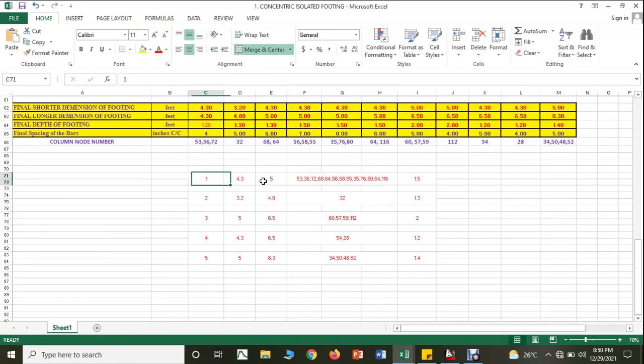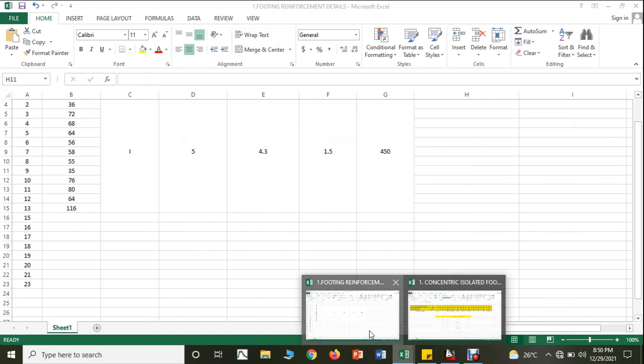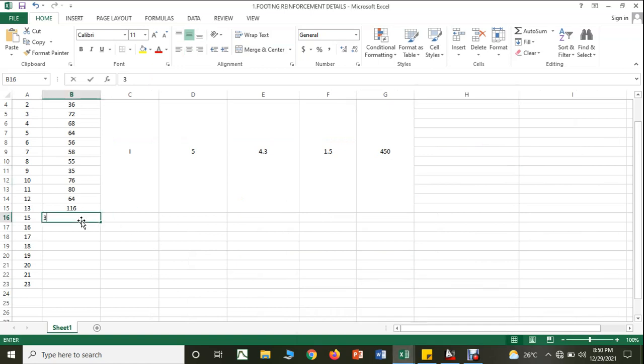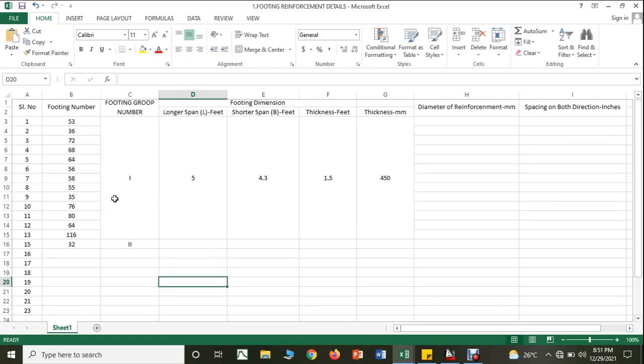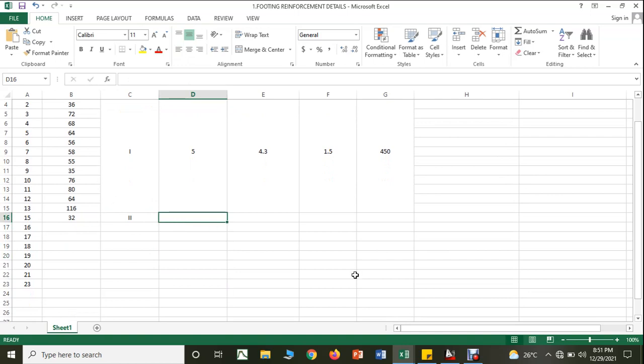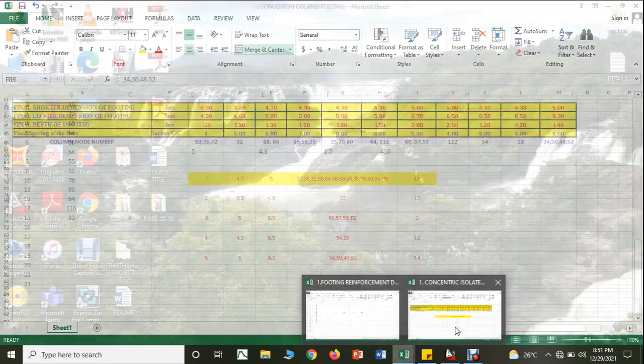Now this set of columns is done, right? So for the second set you have only one column, number 32, so the column number will be 32, and this will be the second set. Then what is the shorter and longer dimension?